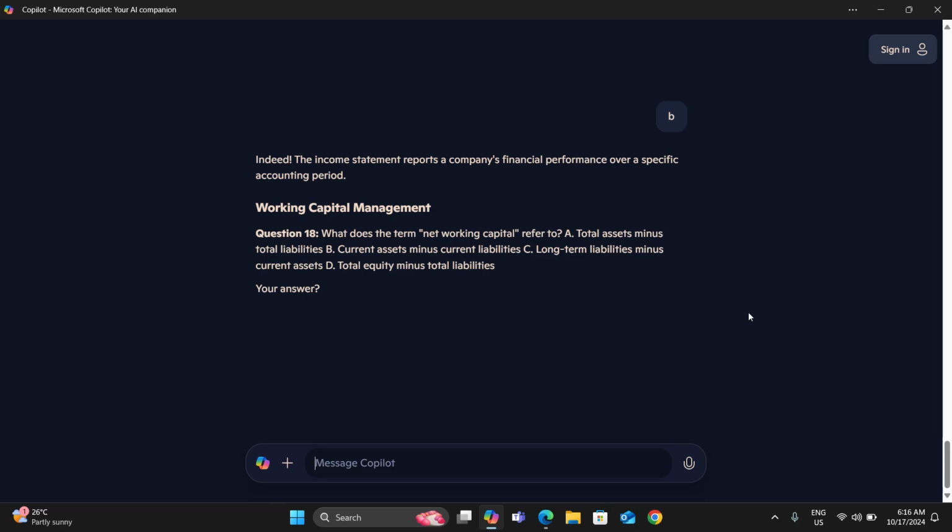Letter A is talking about net assets. Current assets minus current liabilities. It could be, but let's look at C and D. Long-term liabilities minus current assets. No. Total equity minus total, no. Letter D is not happening. And total equity minus total liabilities. What's that? So my answer is letter D.